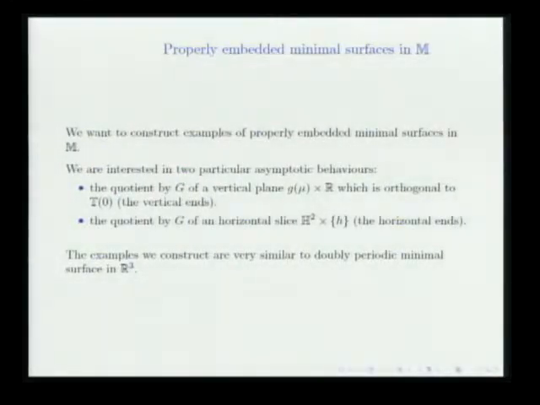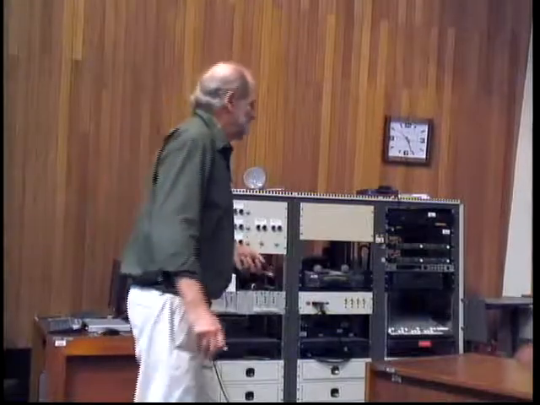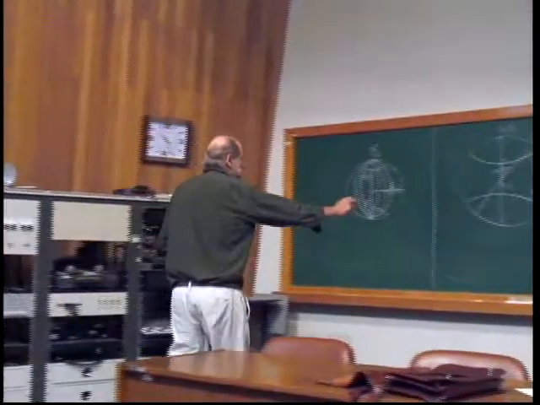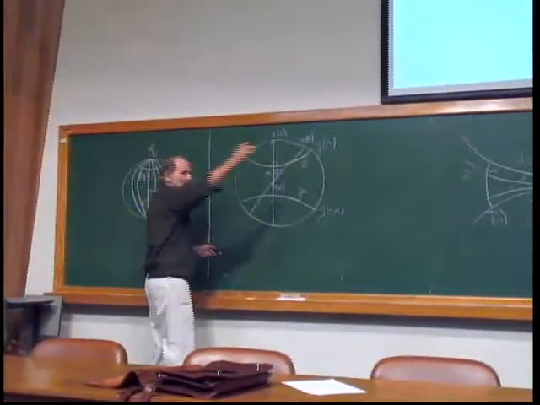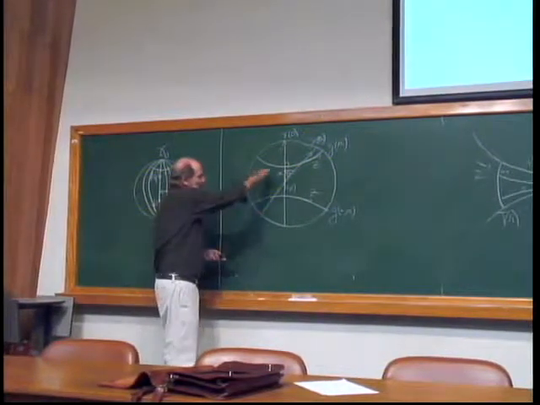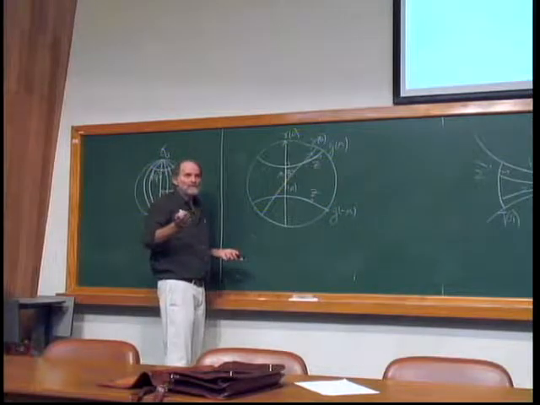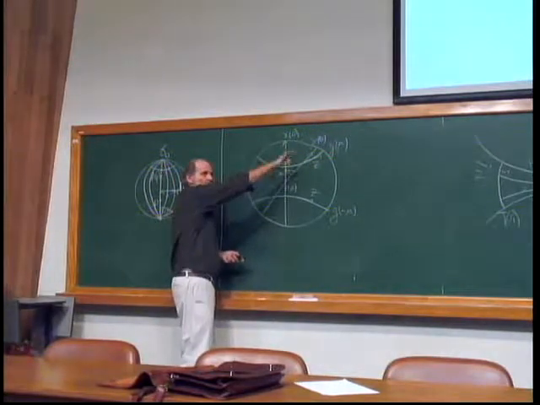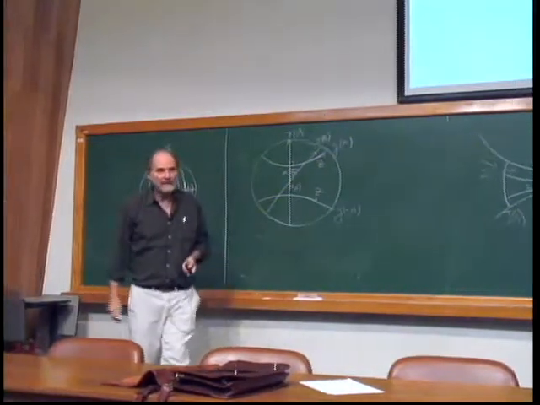Okay. So there's two types of asymptotic behaviors we'd like to consider. The quotient of G by a vertical plane, so take G of mu cross R. That's a totally geodesic vertical plane. It's minimal. And you can imagine a minimal surface that's asymptotic to that in the quotient. That's one type of asymptotic behavior.